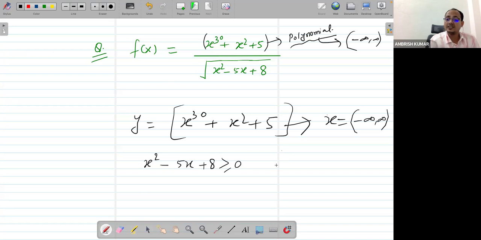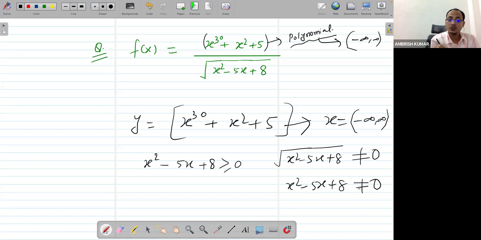But then you will say, sir, the complete square root is in the denominator. So this should not be 0. If this should not be 0, it means x square minus 5x plus 8 should not be 0.